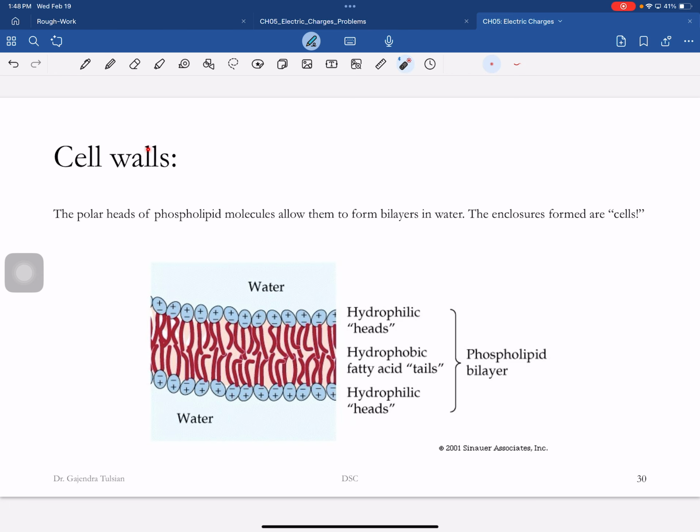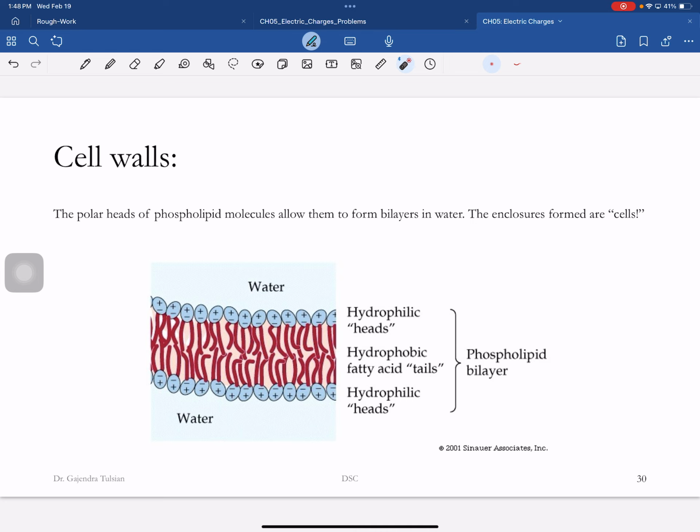So here's why we're thankful for that. Take molecules like this one. These are lipids, phospholipids. These molecules have a polar head and a neutral tail.